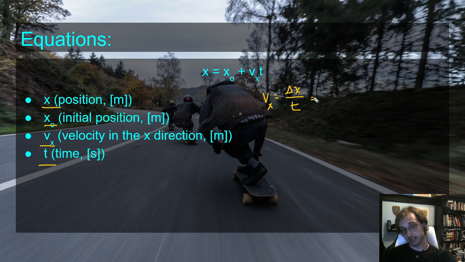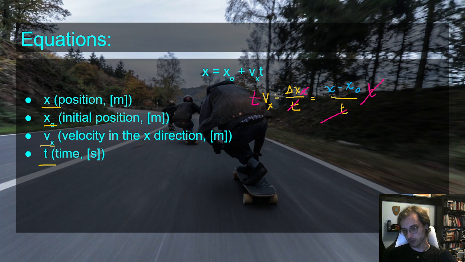Well, delta x is equal to our final position minus our initial position. If we take that and rearrange it so it looks a little nicer, we multiply each side by the time, and that happens to the middle equation as well in order to conserve equivalence.